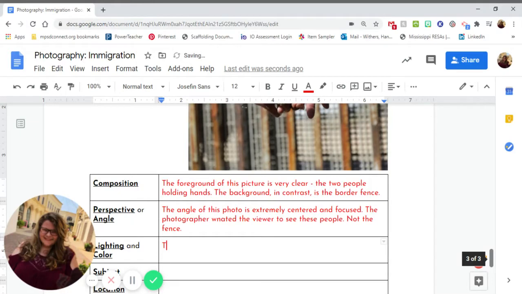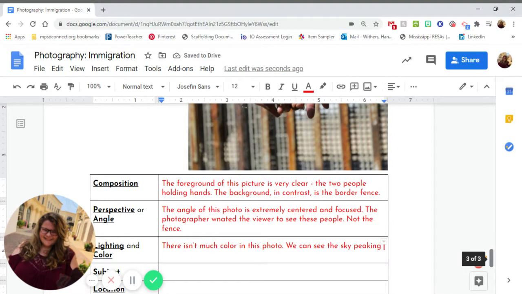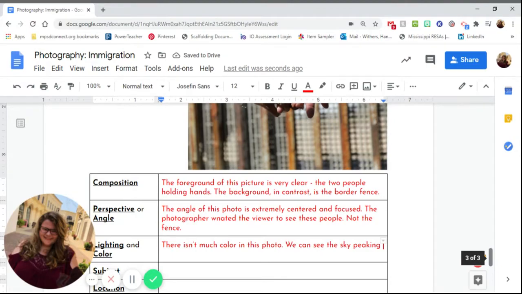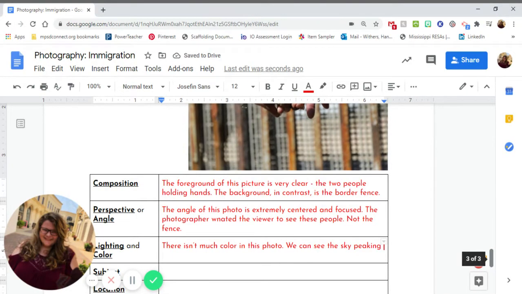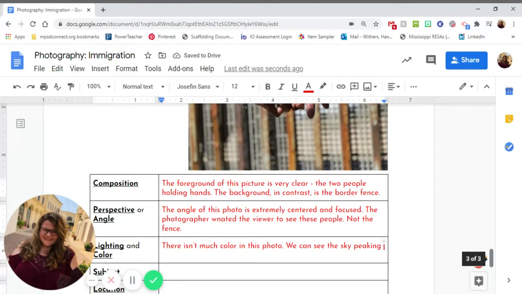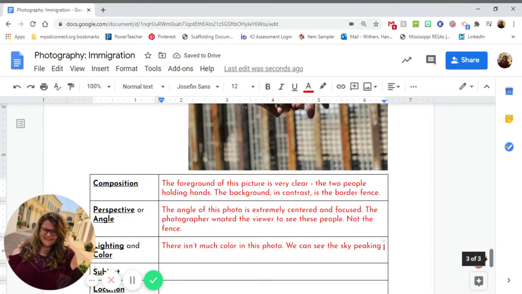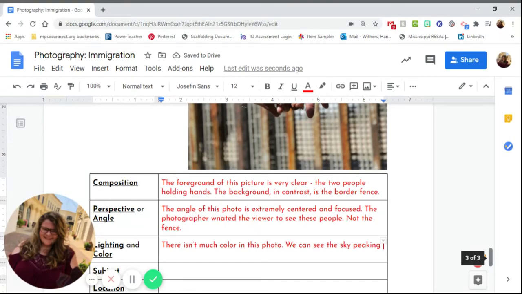There isn't much color in this photo. We can see the sky peeking through and the rust on the fence, but overall, the photo focuses on the people and their hands intertwined, right?